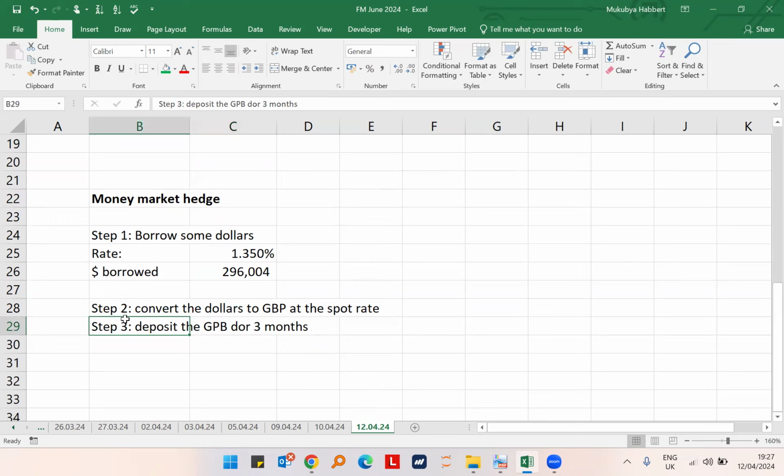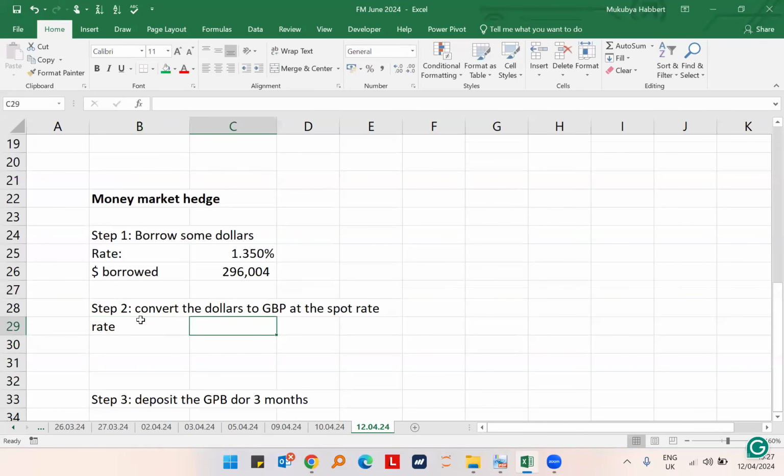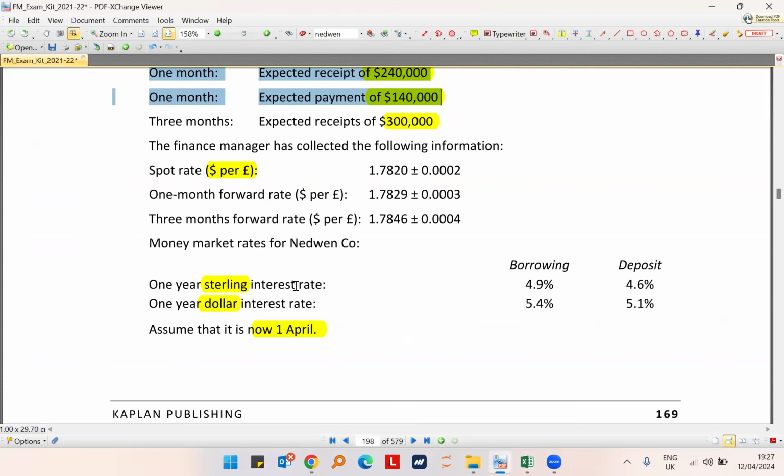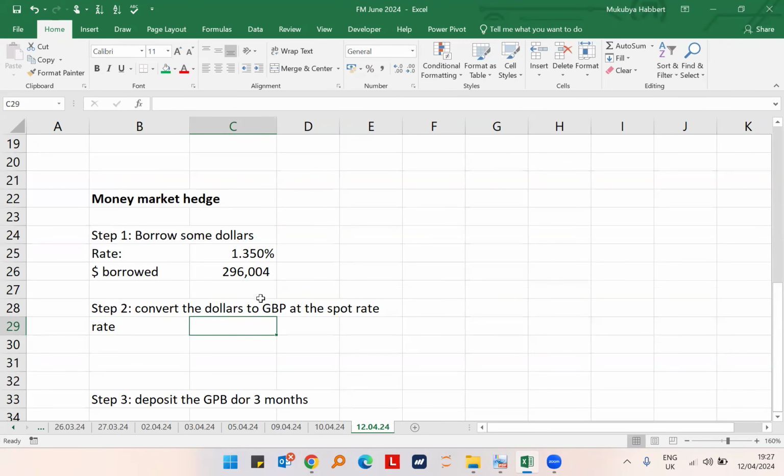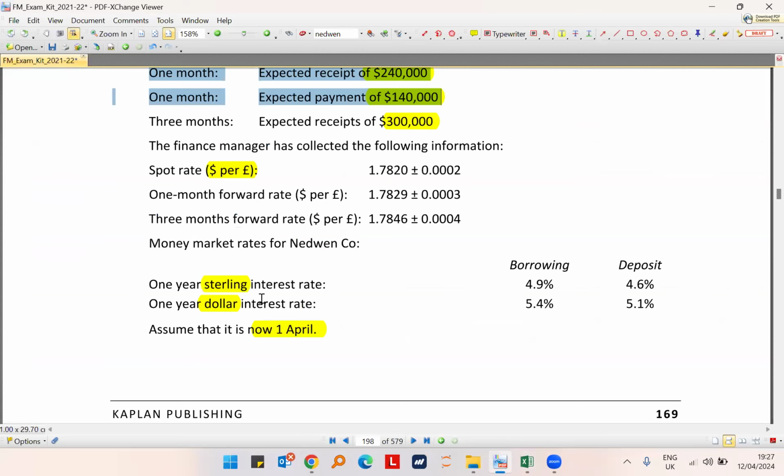Step 2, convert those dollars right now to pounds. Now, we need to know what's going to be the rate. The rate is the spot rate. But again, we need to understand, since we are receiving, we are going to have to buy pounds. So the bank will say to us the bank sale rate, which we already have.